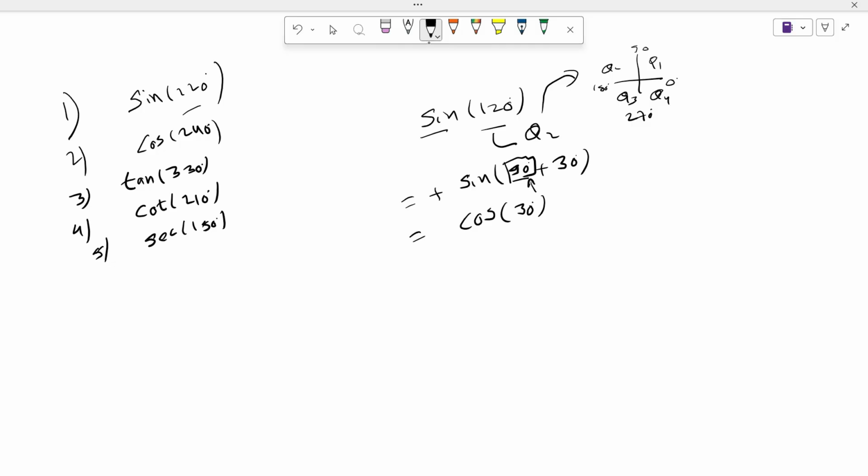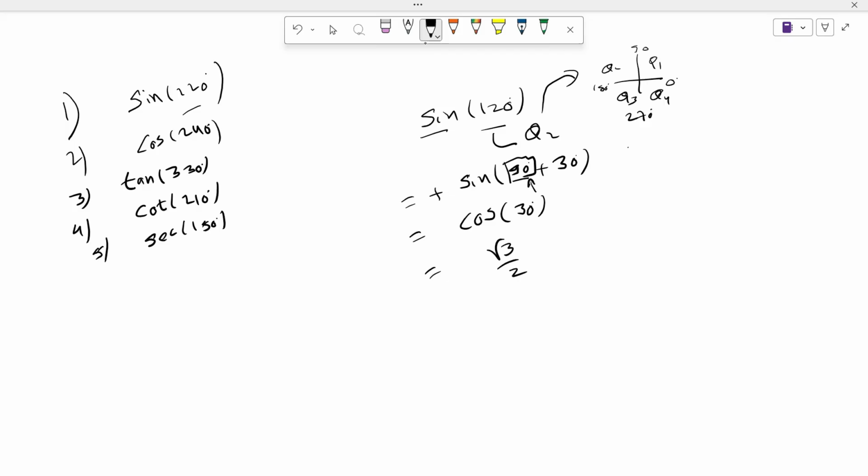So cos of 30 is equal to, we know this already from the trigonometric functions table we solved in the previous video. We can directly take cos 30, or otherwise sine 60. The value is root 3 by 2, positive, because if there is nothing, it is positive only.